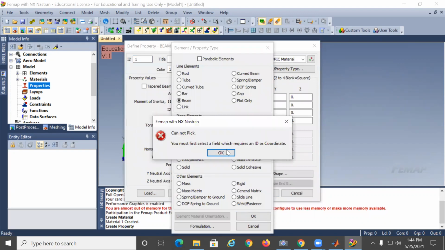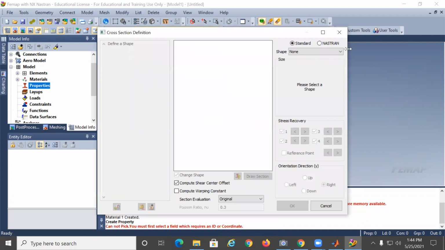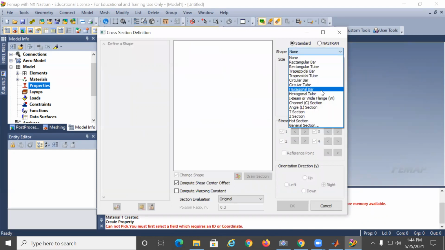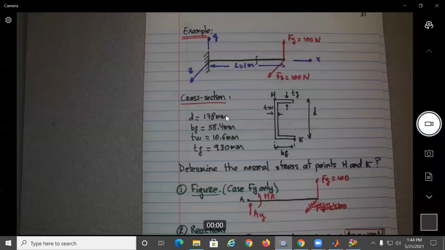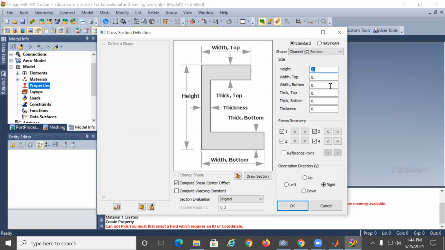And we know that we're going to use the same as last one. So shape, we click here on C channel. The height was given on the page here. I'm going to use these values in meters. So the height is 178 to the minus 3. Let me put the Y up. Then the width of the top is 58.4 to the minus 3.